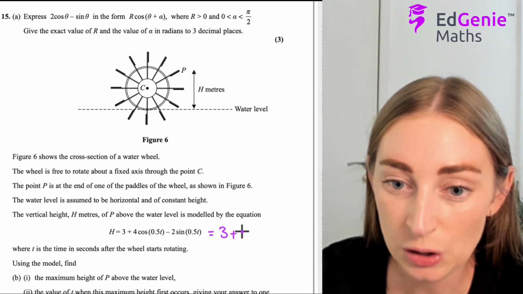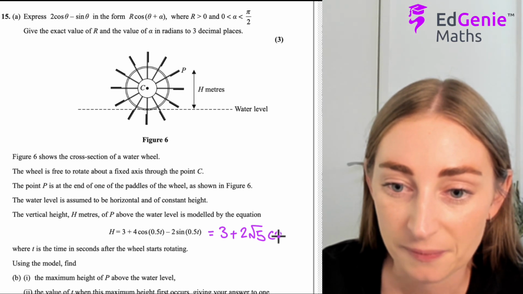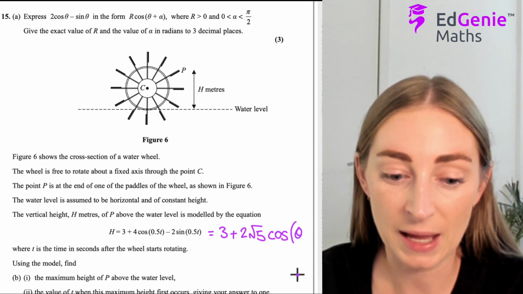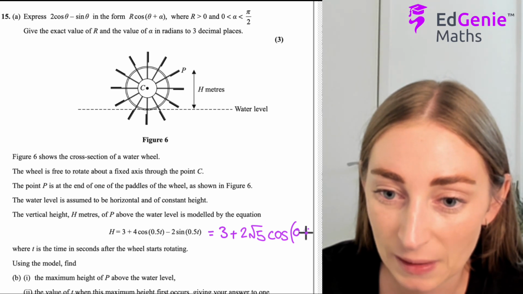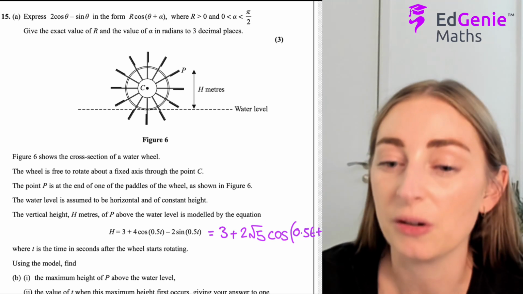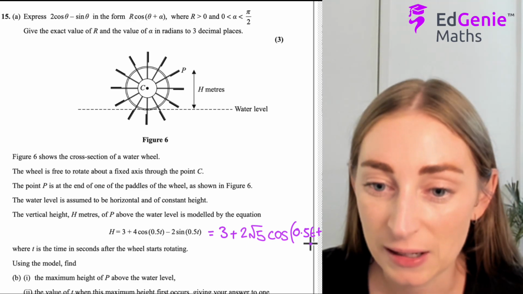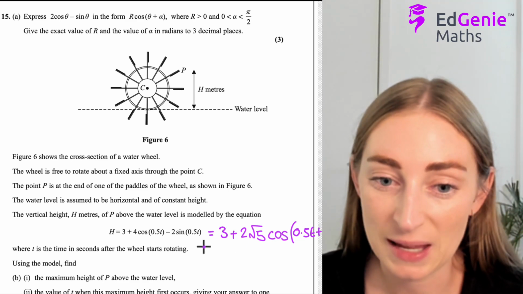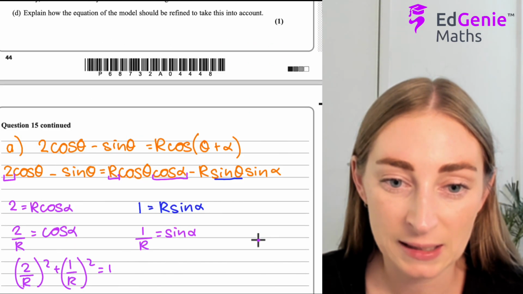So it's like 2 root 5 cos, but it's not going to be alpha. It's going to be 0.5t plus, it's not going to be theta, it's going to be 0.5t plus alpha. So it's going to be this. Let me write that out again here.